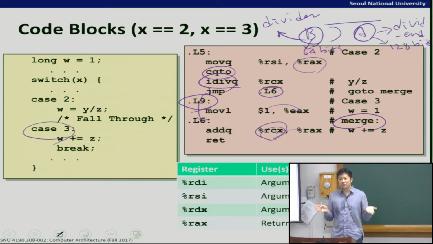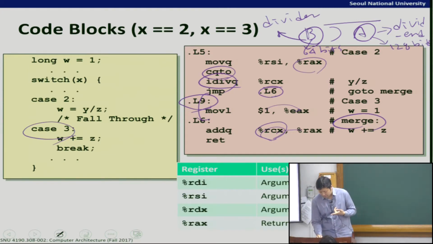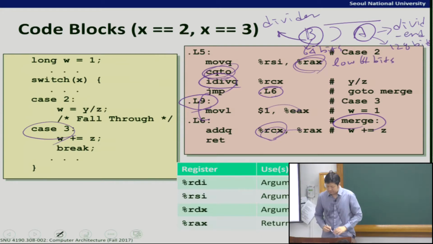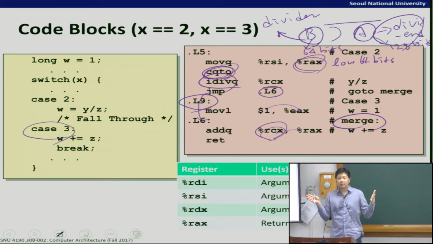By using 2 registers instead of just 1. If you execute this instruction, you always place your dividend in RAX, and RAX holds the low 64 bits of the dividend. If you execute a CQTO, then the upper 64 bits will be sign extended from RAX to the RDX register.